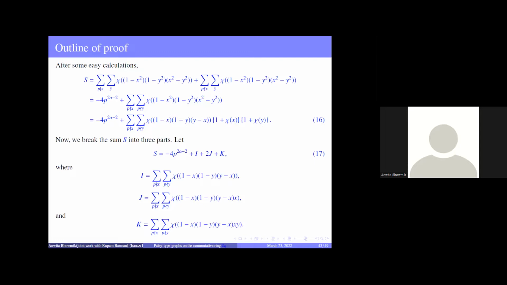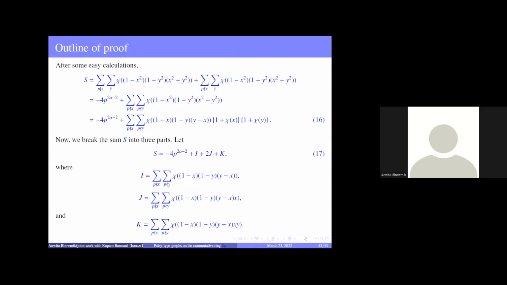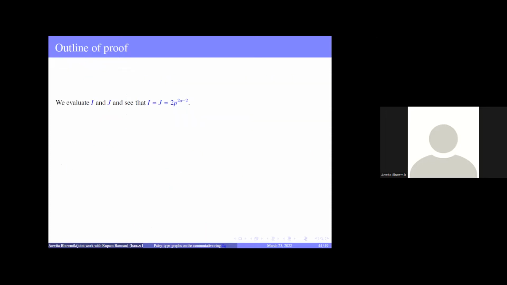Now we break this sum into 3 parts: I, J, and K. I and K are comparatively easy to evaluate, and you find that they are equal. They are 2 times p to the power 2 alpha minus 2. So we are left to calculate capital K, but if you notice, capital K is nothing but the last lemma which we had discussed, which I had said was most essential, which was in terms of the Jacobi sums.